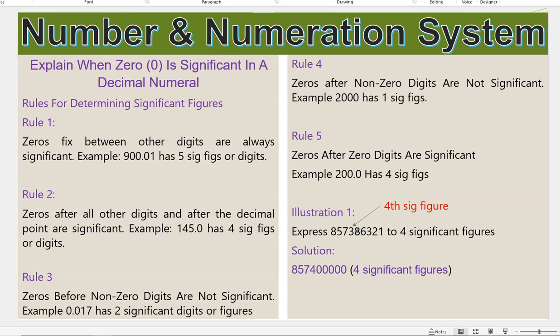Now in mathematics, when you are rounding or correcting a number to the nearest thousand, to a significant figure or to a decimal place, and the number is 5 or more, we borrow 1 from the number and then add it to the next number to the left. And so when we borrow 1 here and we add it to the 3, it will be 4. And therefore our final answer is going to be 85740000, and this gives us 4 significant figures.